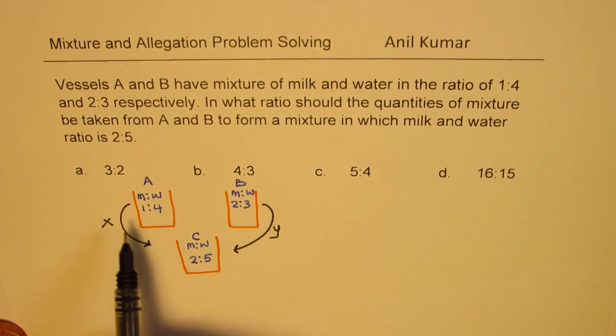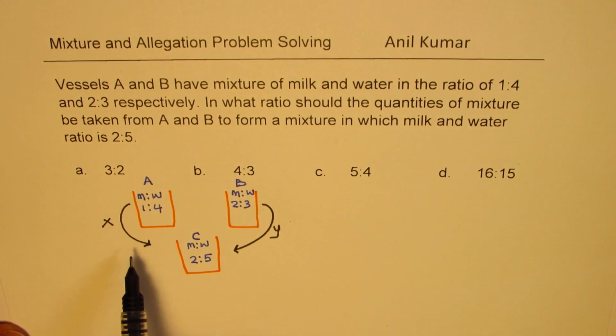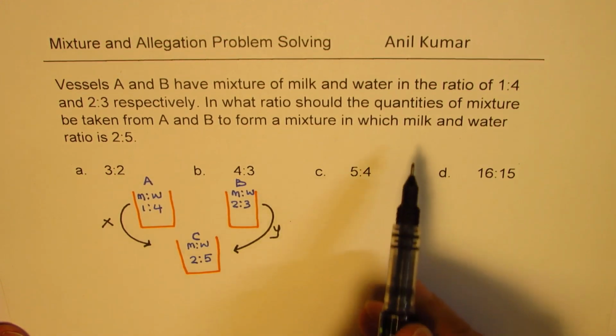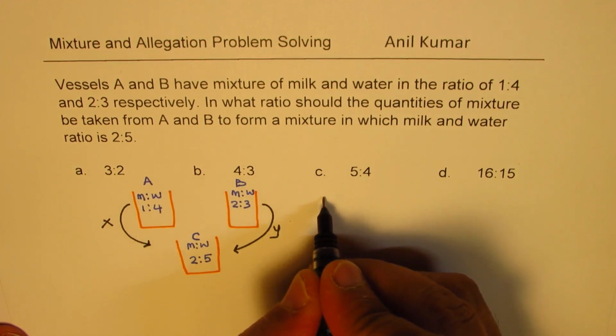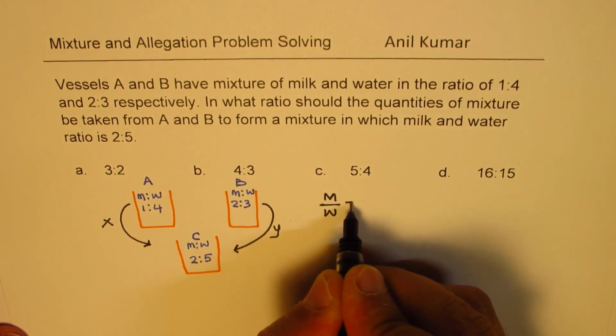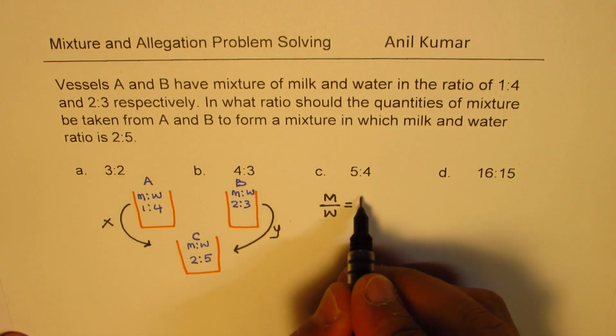If you take x amount of A, then how much is water and how much is milk? Since we want the milk to water ratio, let me write it like this: milk to water should be equal to 2/5.